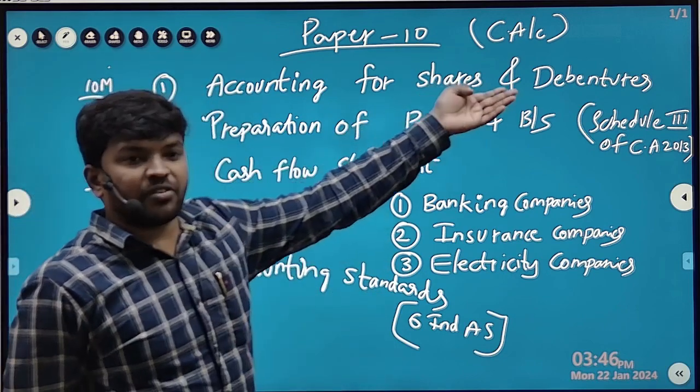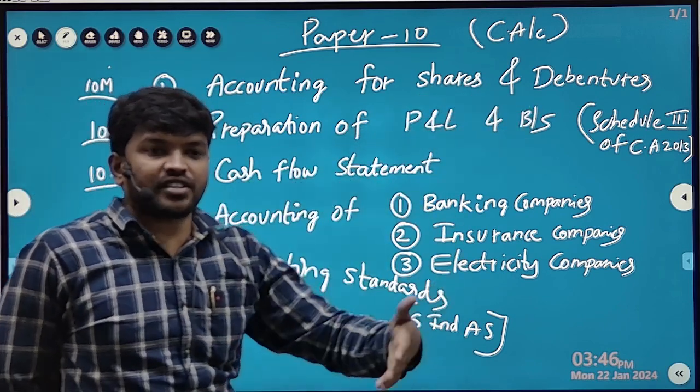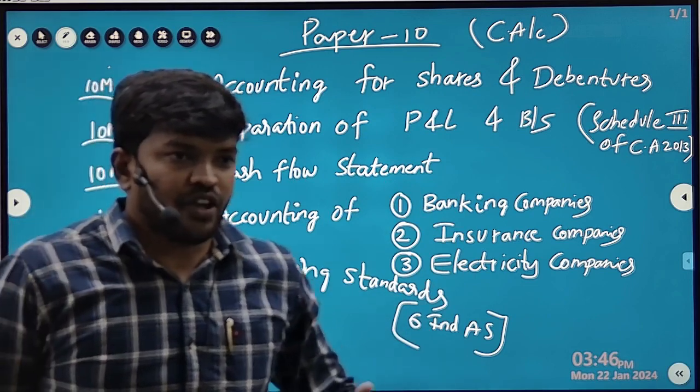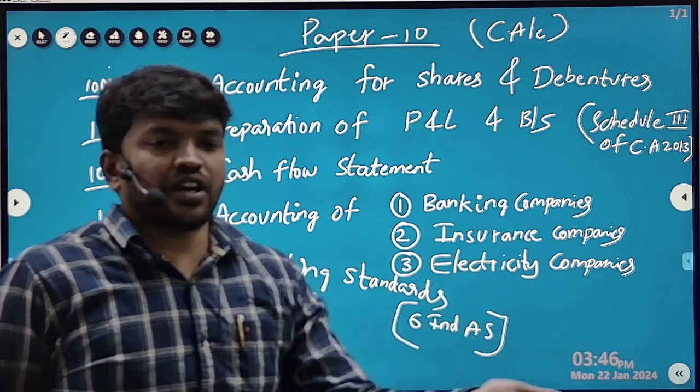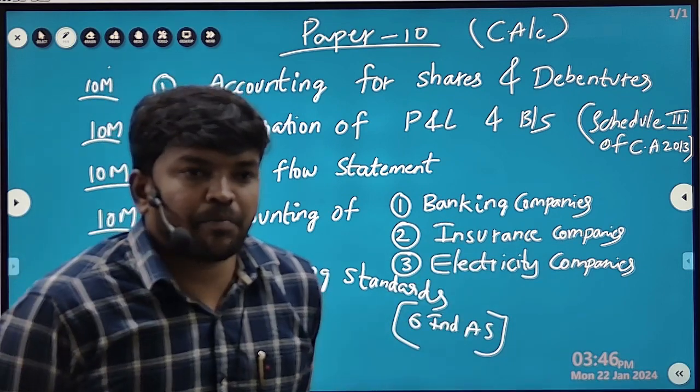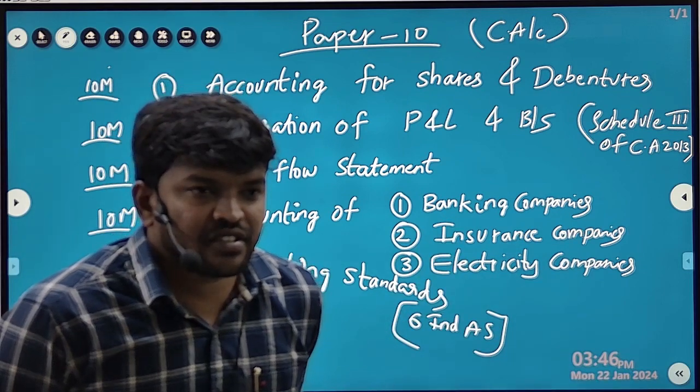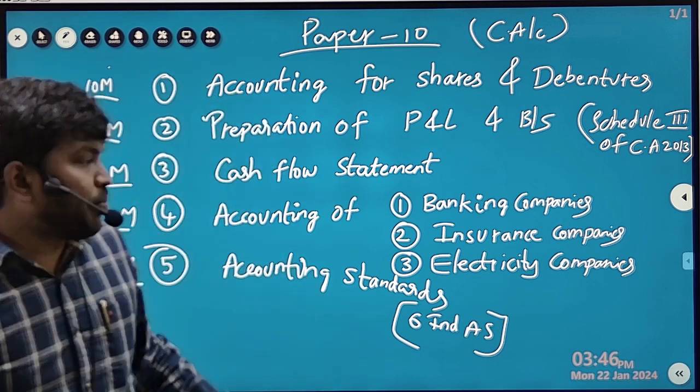You are taking preference share capital. Capital in the sense loan, some sort of loan, a loan from the shareholders. Based on that loan, you are performing the business. You need to pay back.